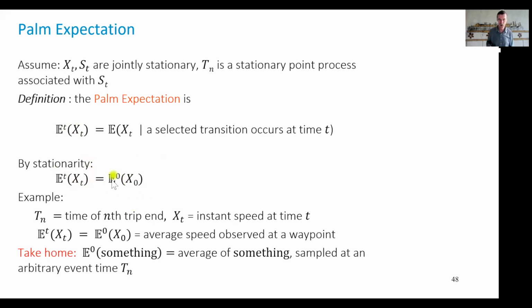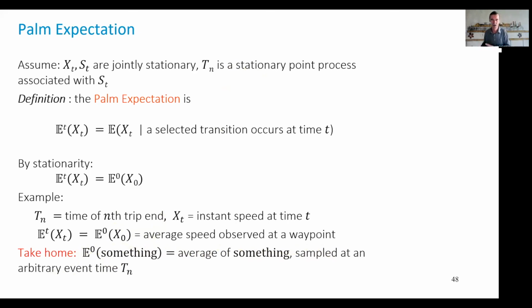The Palm expectation, which is often written with a little 0 in superscript of the expectation, means exactly this. The expectation under Palm of something is the average of something sampled at time 0, given that time 0 is precisely a point of the stationary point process, which is also the same as the average of something, given that we sample at an arbitrary event time Tn.